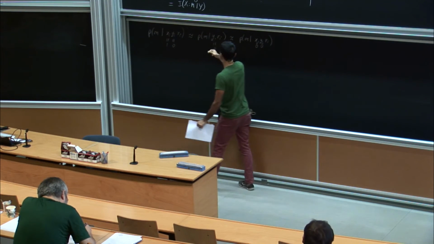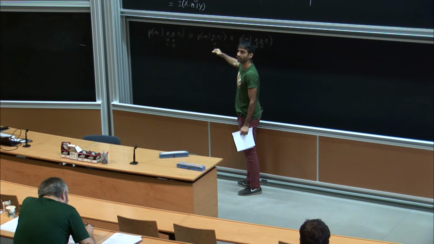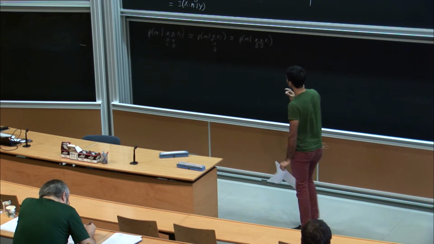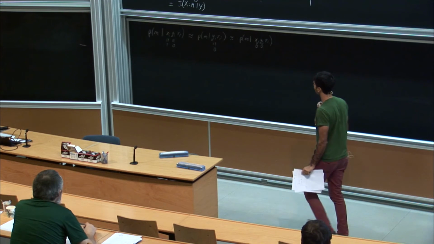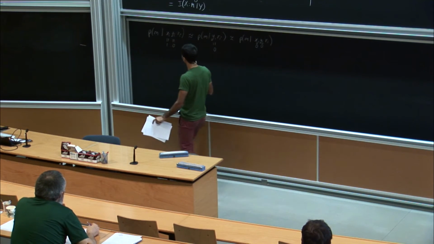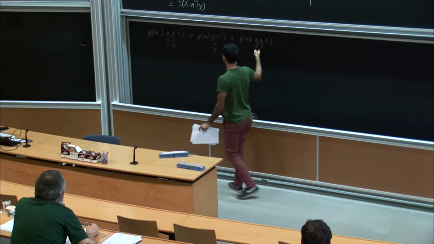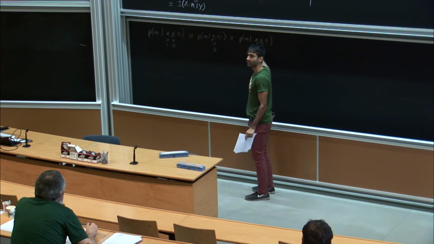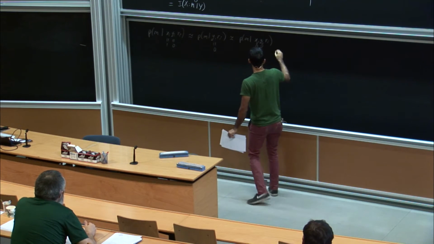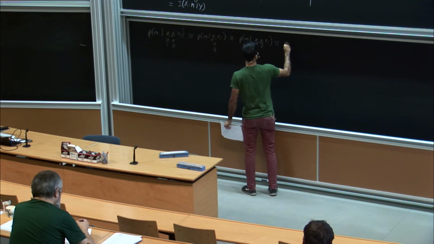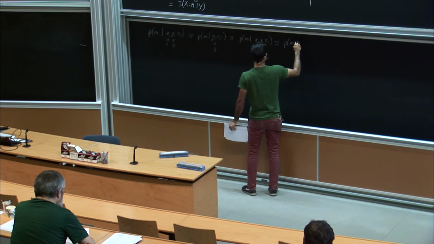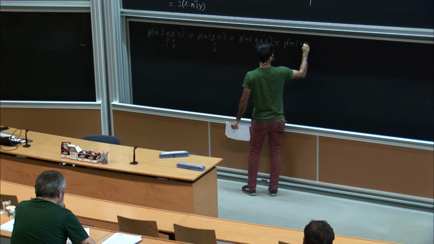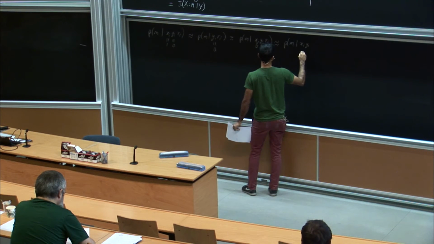So now we're getting something interesting: the distribution of M, whether you have 1, 0 or 0, 0, looks the same. And by exactly the same argument, you get that the distribution is also the same if you have the remaining choice.